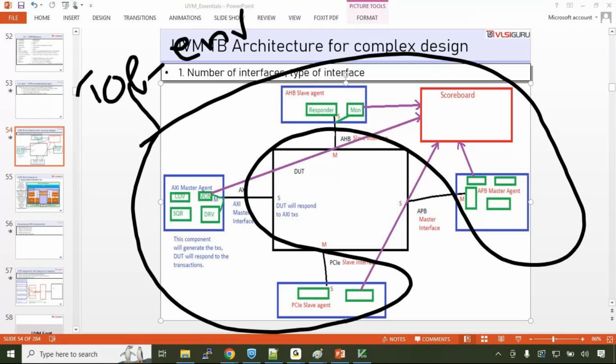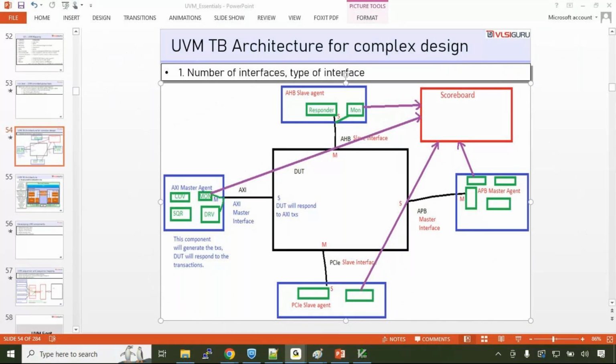Goes into means what? They get instantiated. The top environment gets instantiated in the test. The test gets instantiated in root. Root in the top one. Now, if you ask me, are we going to do this test bench? No, I'm just showing you how a typical complex test bench will look.